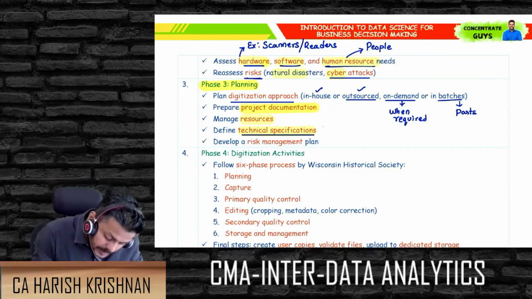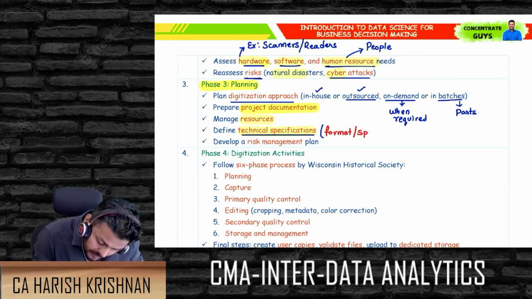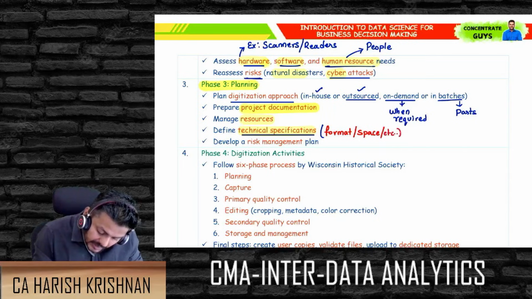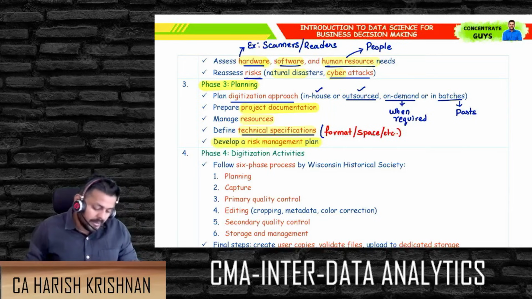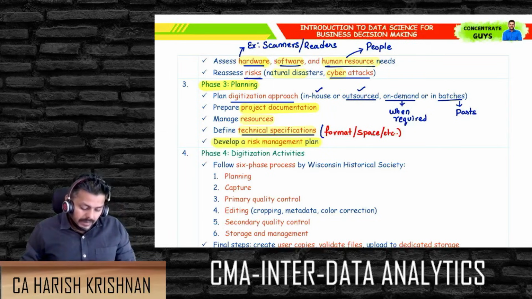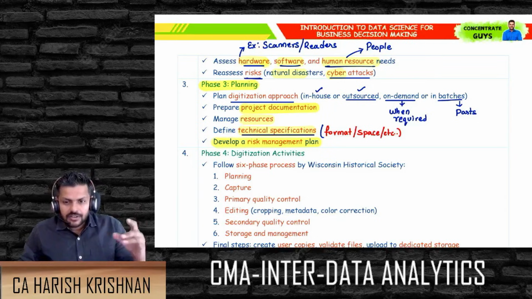You can write in bracket, format or space, etc, because so many other technical specifications will be there. And finally, if something goes wrong, what should you do? Be very clear about that, right? So this is the set of aspects that you take into consideration while doing the third step: justification, assessment, planning.